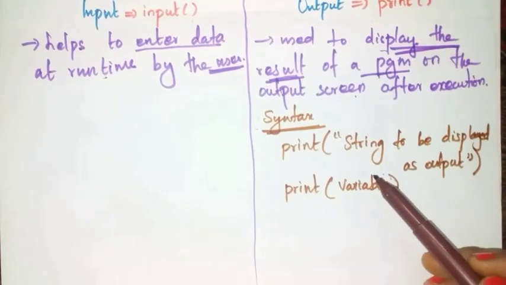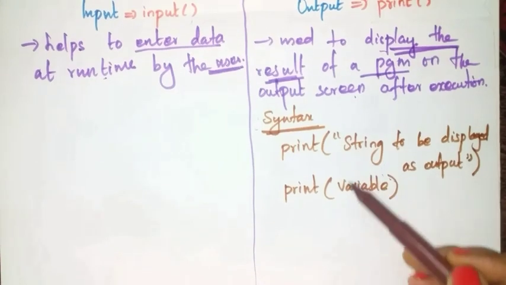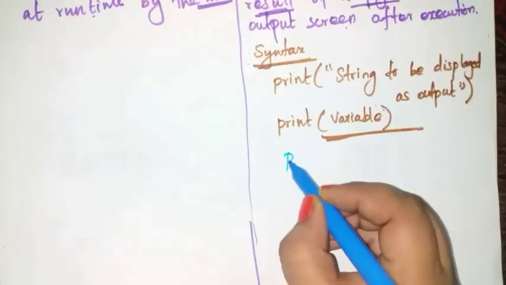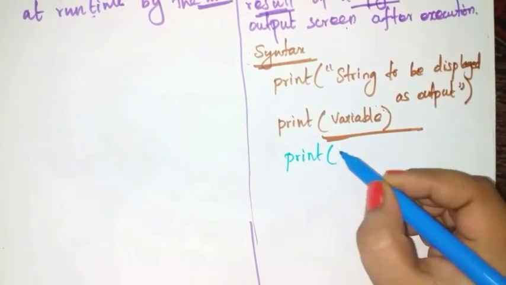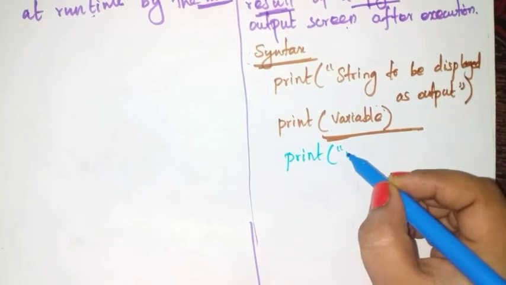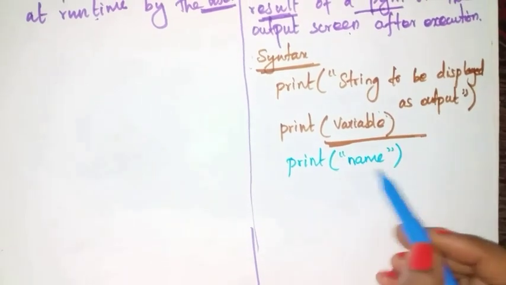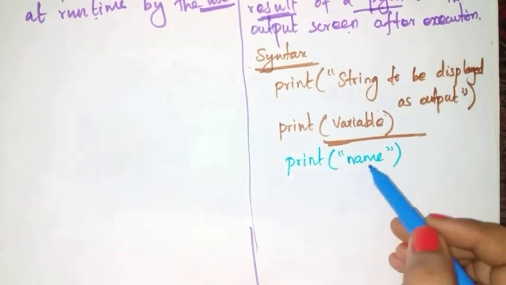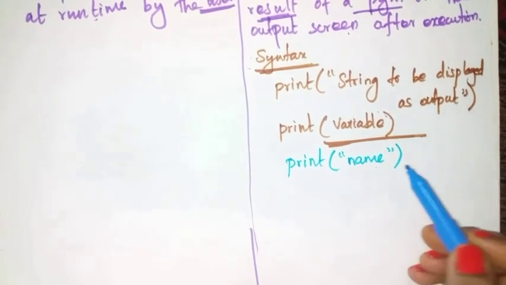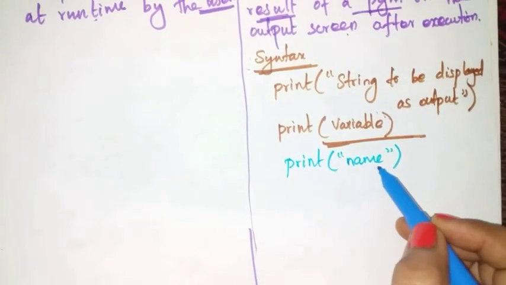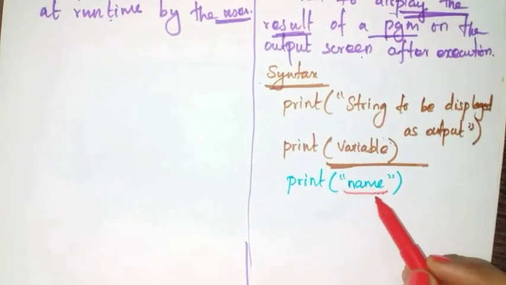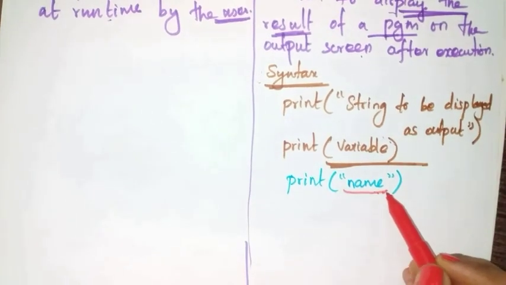Let us see what is the difference between these two syntaxes. Print, open parenthesis and double quotes, and in between I have written name within double quotes. So what is the output of this code? Here this name is called a string or message.